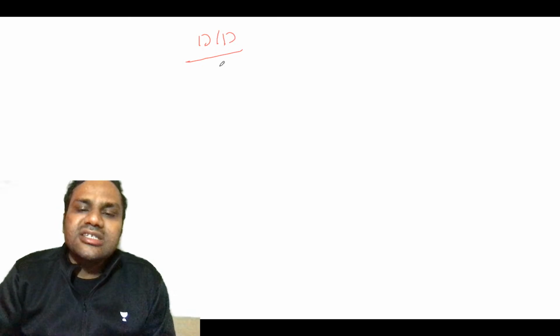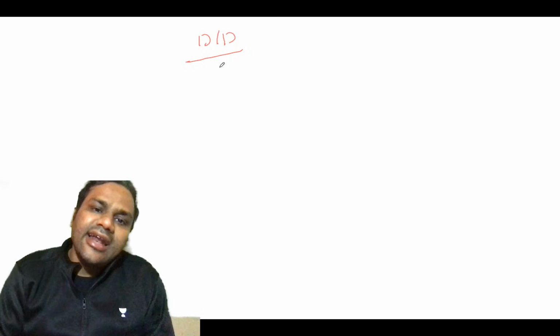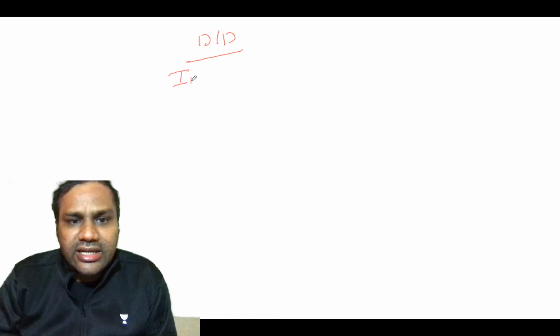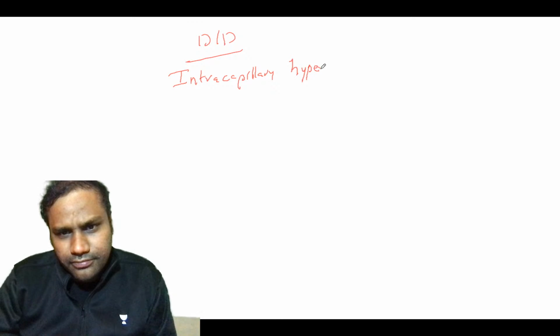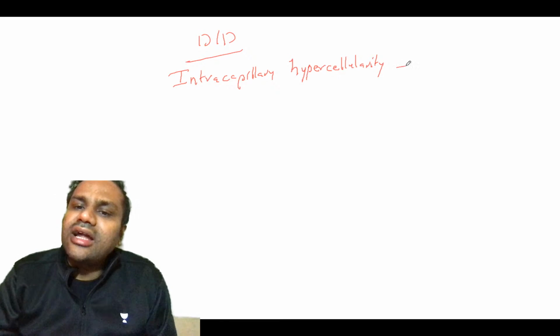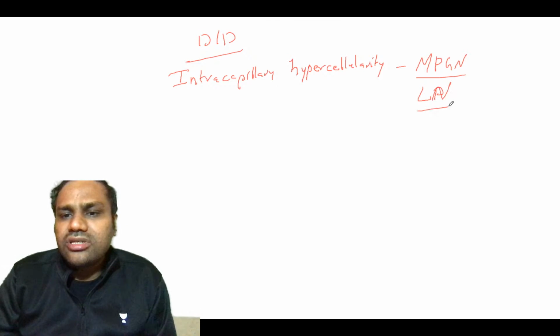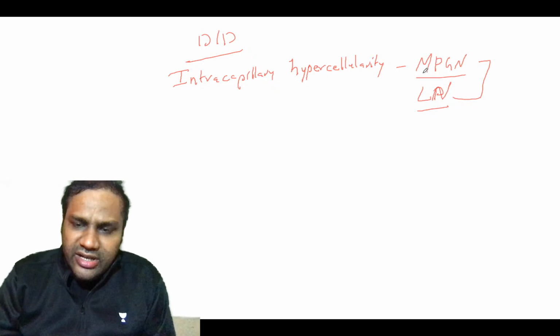Now what are the differentials of the disease? What I said is that post streptococcal glomerulonephritis shows intracapillary hypercellularity. This intracapillary hypercellularity can also be seen in MPGN and in lupus nephritis, so MPGN becomes one of the differential diagnoses.